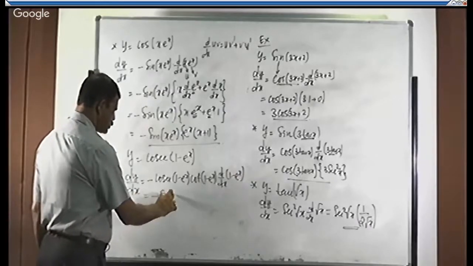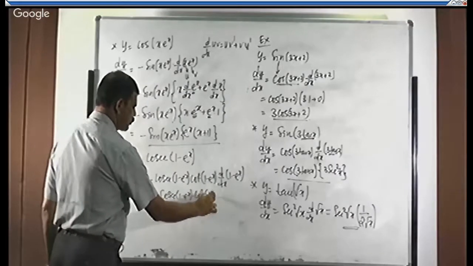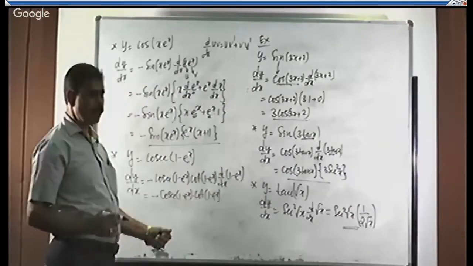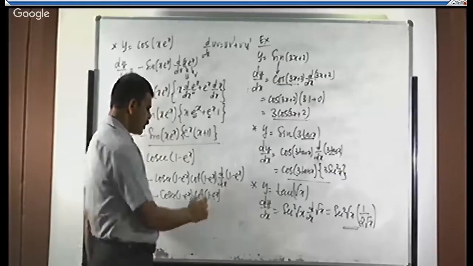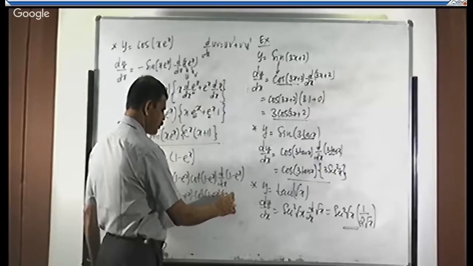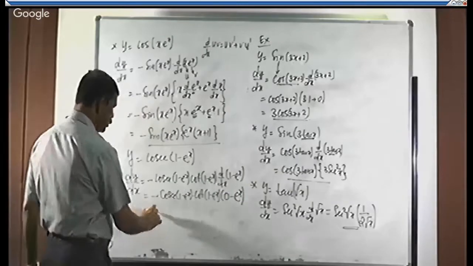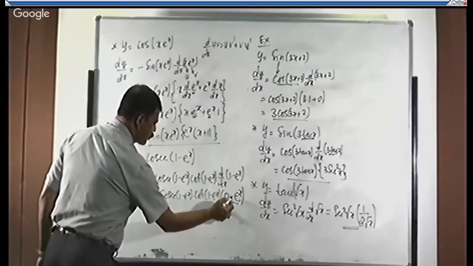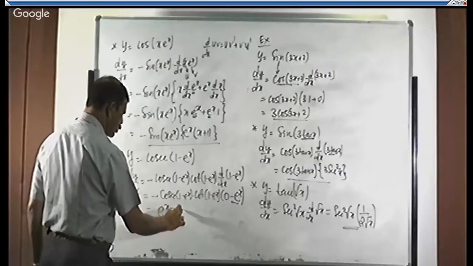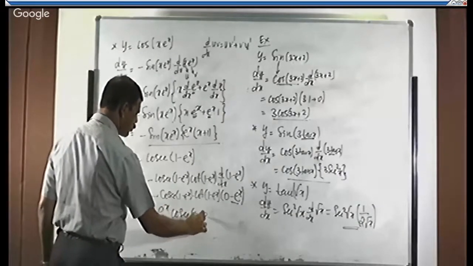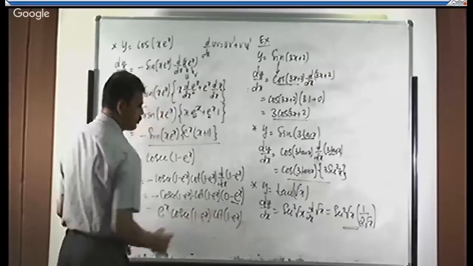Cosecant of 1 minus e power x and cot of 1 minus e power x will be taken as they are. Only the d by dx term has to be differentiated. What is the differentiation of 1? Numerical constant, 0, minus the differentiation of e power x, which is e power x. Finally, it is 0 minus e power x, which is minus e power x. This minus becomes plus. That is e power x into cosecant of 1 minus e power x into cot of 1 minus e power x.